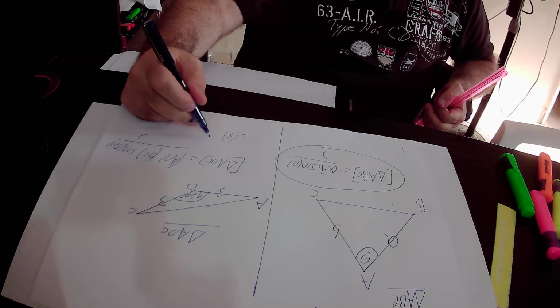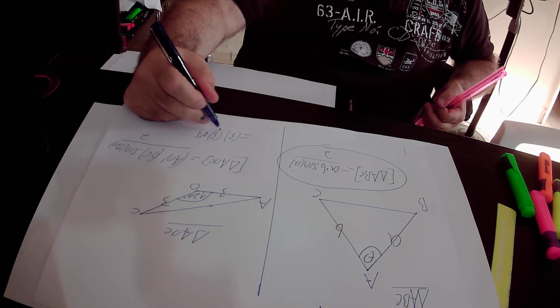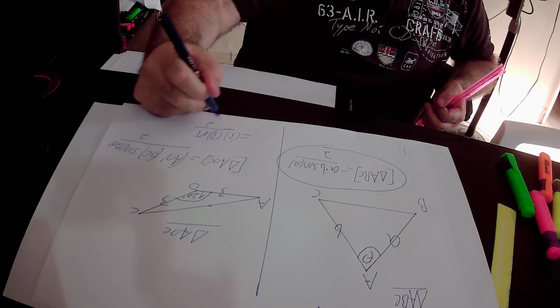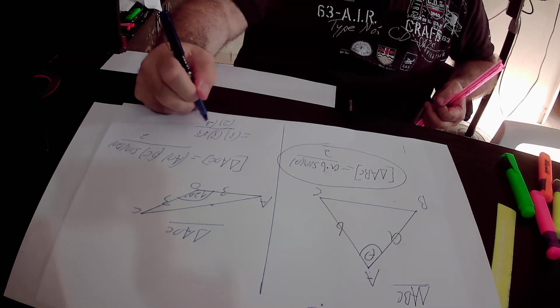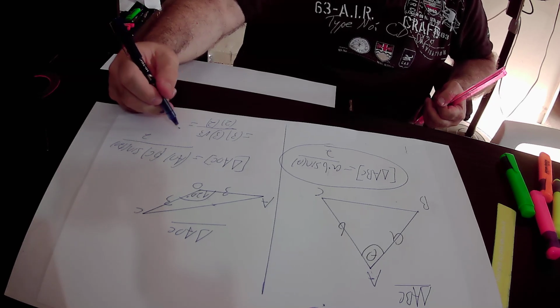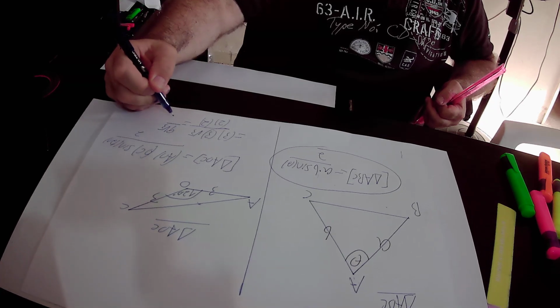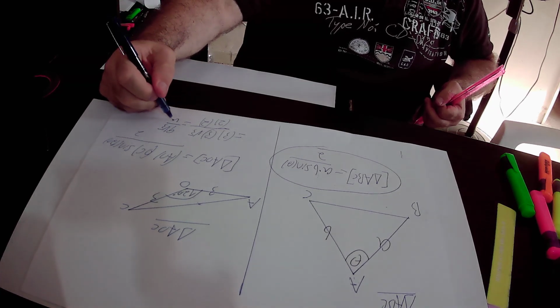OC is also 3. Sine 120 degrees is square root of 3 over 2, all divided by 2. 3 times 3 is 9, so in the numerator we have in total 9 times square root of 3. 2 times 2 is 4, so in the denominator we have 4.